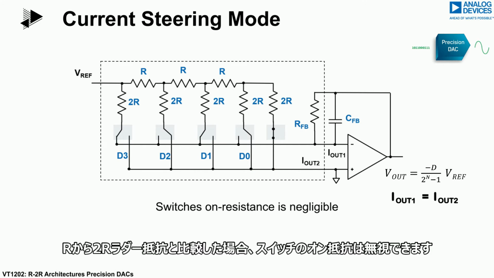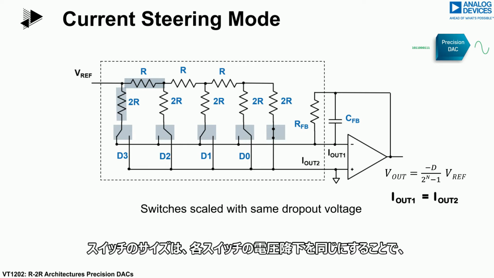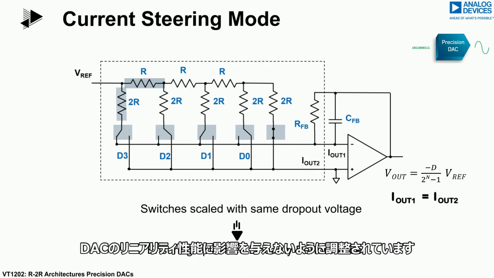The switch on-resistance is negligible when compared with the R-2R ladder resistors. The switch sizes are scaled to ensure that this does not have an impact on the DAC's linearity performance by maintaining the same voltage drop across each switch.